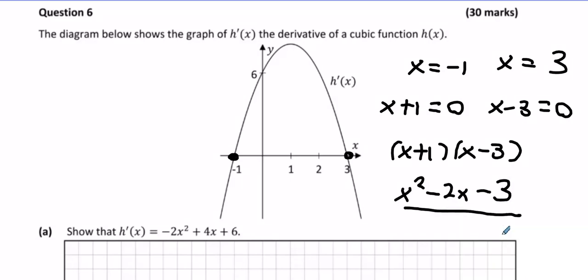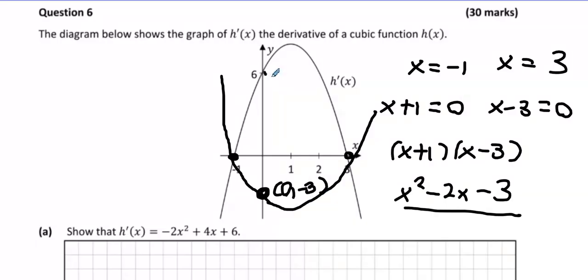What's the problem with this one? That is a U-shaped function, isn't it? And the U-shaped function crosses the y-axis at minus 3. I don't want it to cross there. I want it to cross at 6. I want it twice as long and in the opposite direction. Anybody know how to do that?